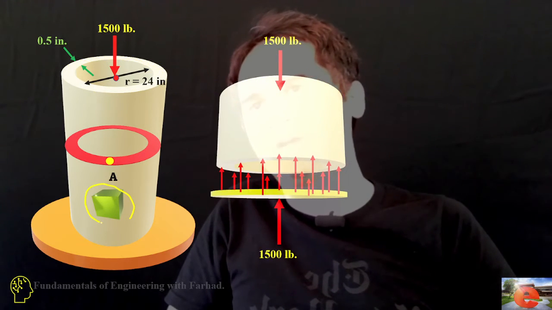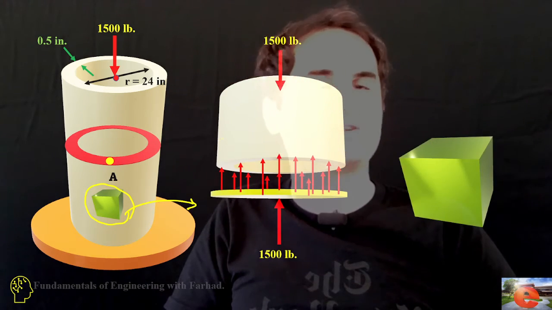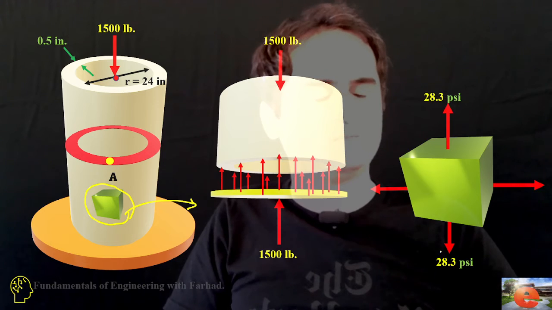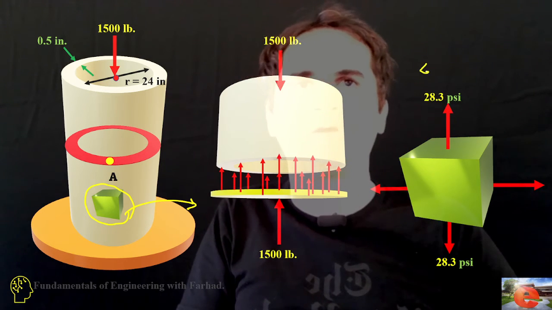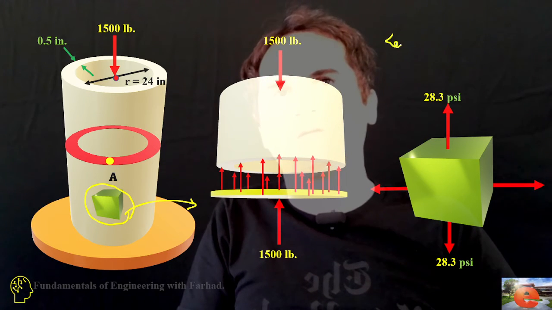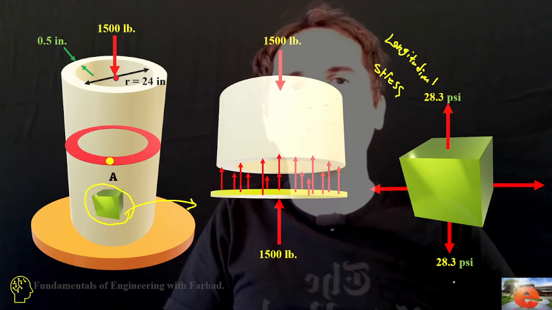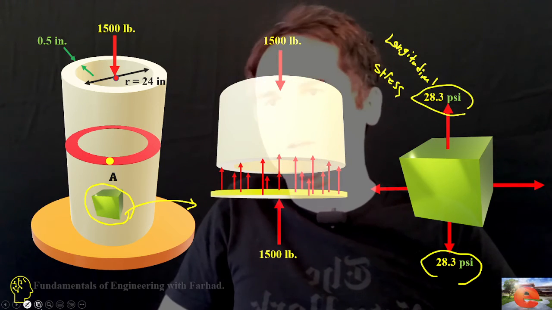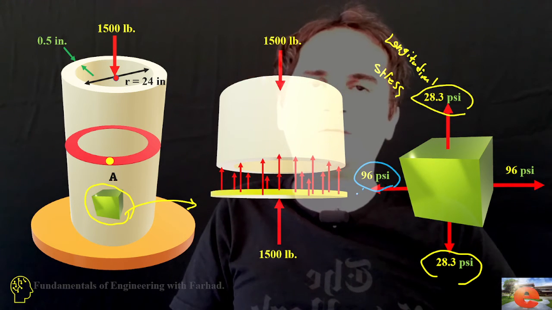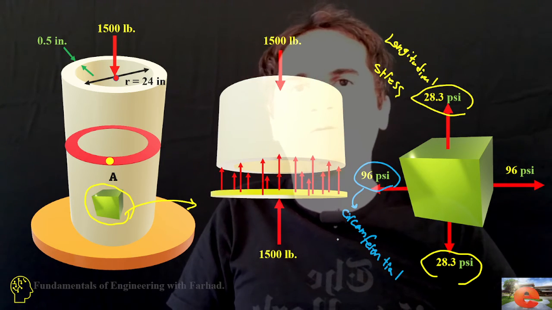If you take out a cubic element from this part of the structure and want to see the effect of longitudinal and circumferential stresses, these are my longitudinal stresses, these two, and we also have the circumferential or hoop stress at both sides.